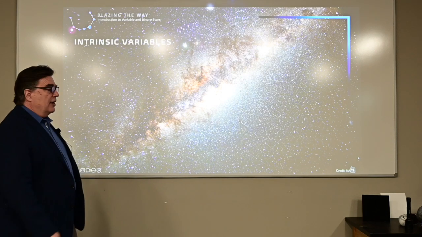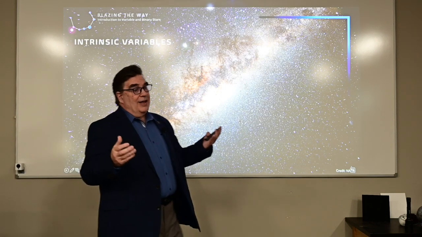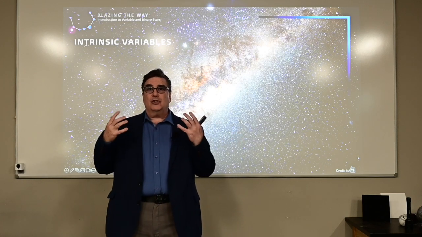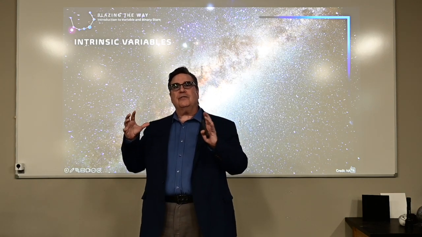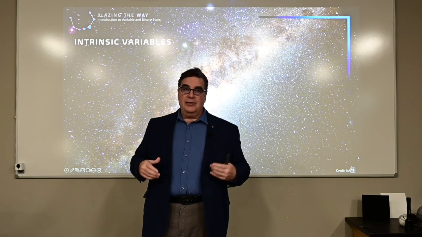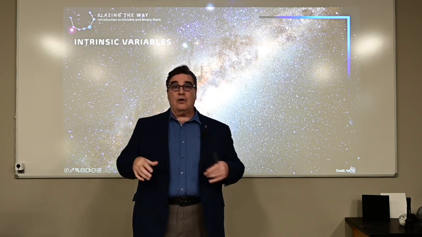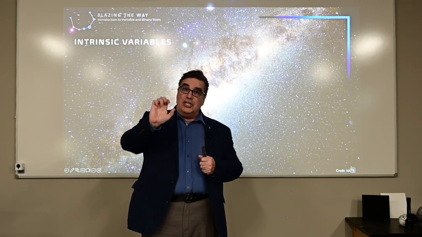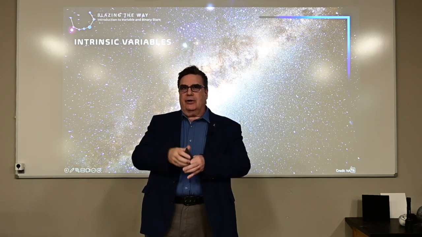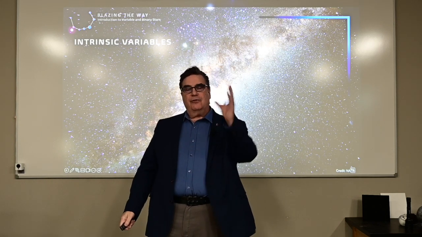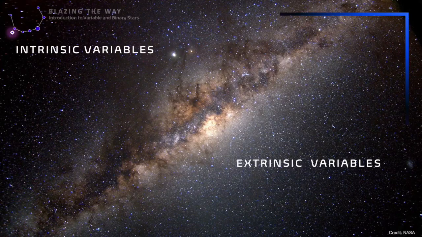There are some stars, in fact, it's believed that the majority of stars in the sky are variable to some extent. But there are other stars, called variable stars, that change their luminosity over a shorter period of time. And these fall within two families, generally intrinsic variable stars and extrinsic variable stars.